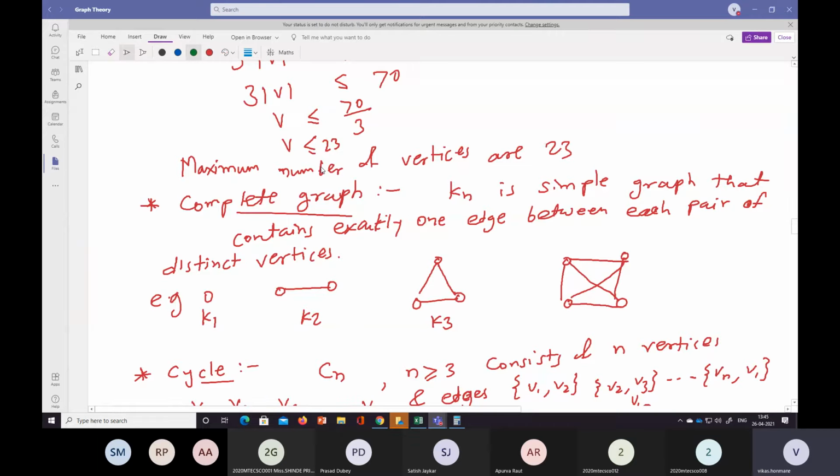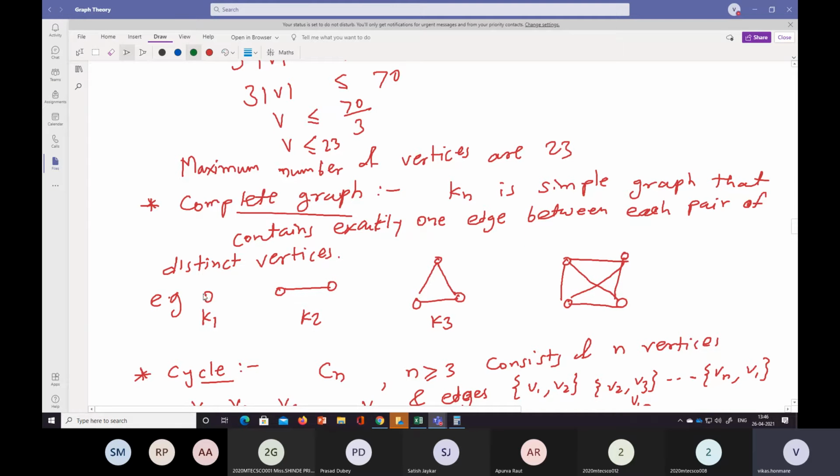Kn is a simple graph. Simple graph means there are no loops and no parallel edges in the graph. So Kn is a simple graph that contains exactly one edge between each pair of distinct vertices.